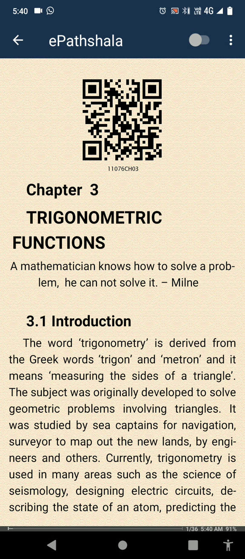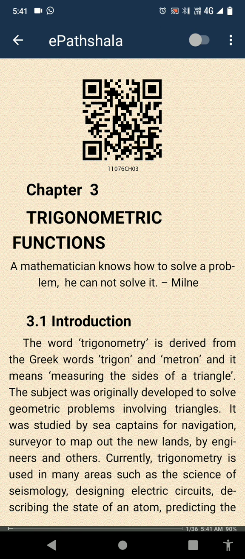triangles. These can be seen used by captains of navigation, surveyors, or engineers to map out new lands. That means there are many professionals working in the navigation sector, or as land supervisors or engineers, who have to measure triangle-like shapes every time they are doing their job.